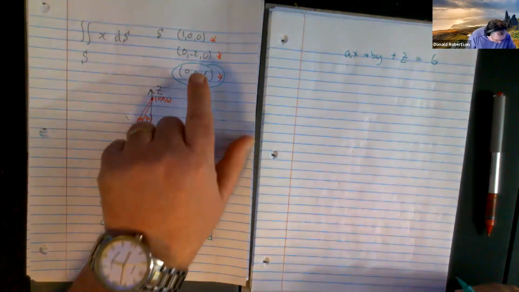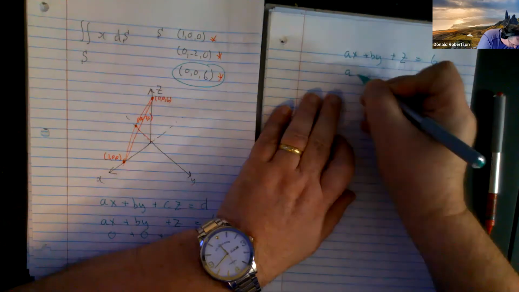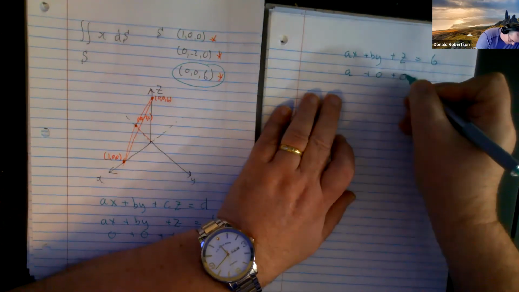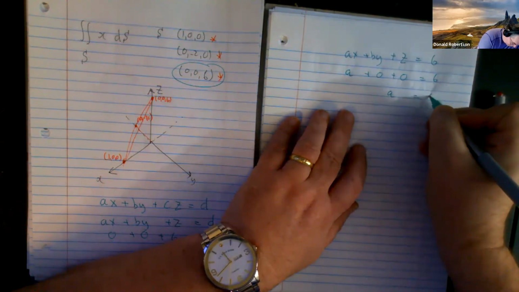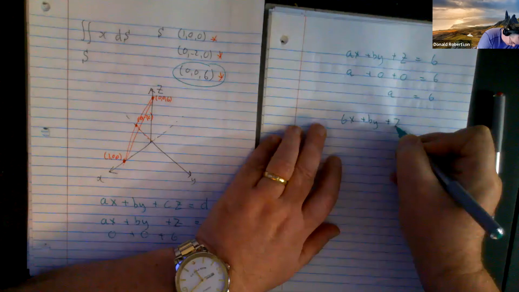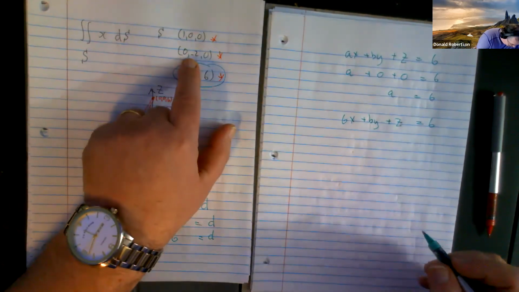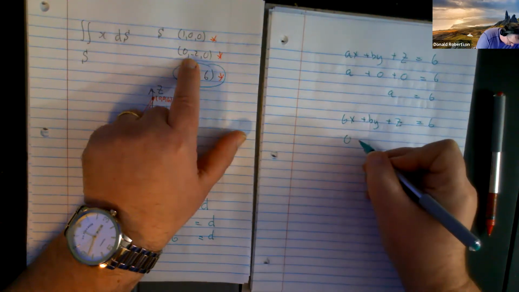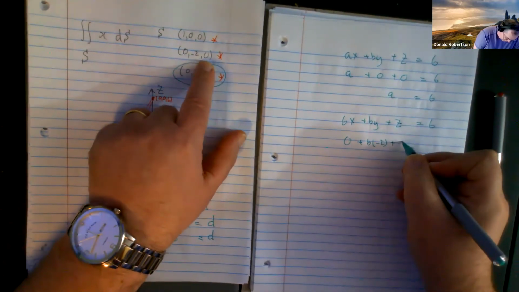If I use the top one, 1, 0, 0, I get A times 1 plus nothing equals 6. Oh, that makes A 6. So I now have 6x plus By plus z equals 6. And if I use this one, I get nothing plus B times -2 plus nothing equals 6.